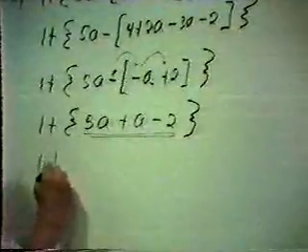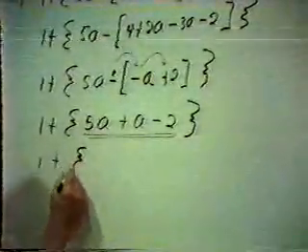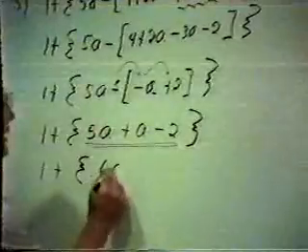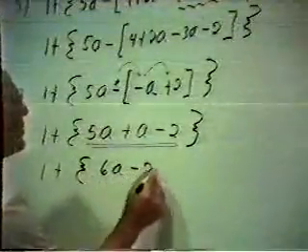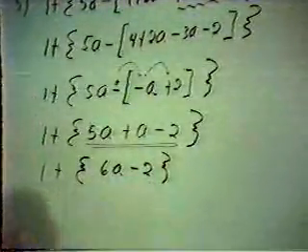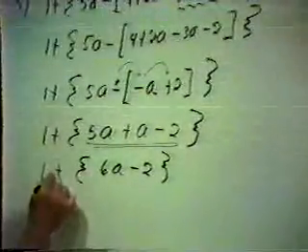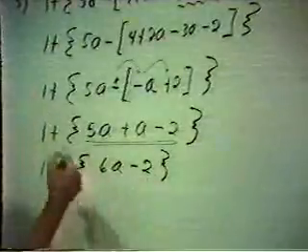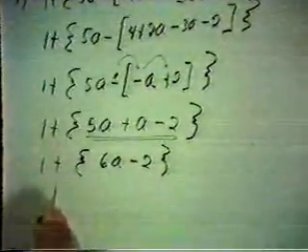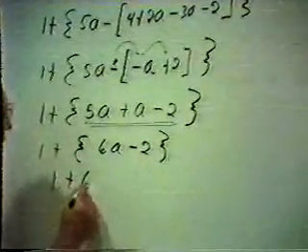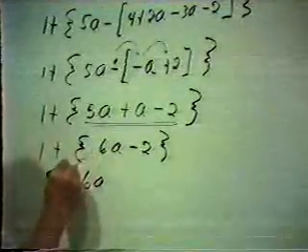I would have 1 plus my bracket. I would have 6A minus 2. I've simplified all I can in that braces that I have. This is preceded by a plus sign, so I can simply drop those off. So I have 1 plus 6A. Remember, that's positive.